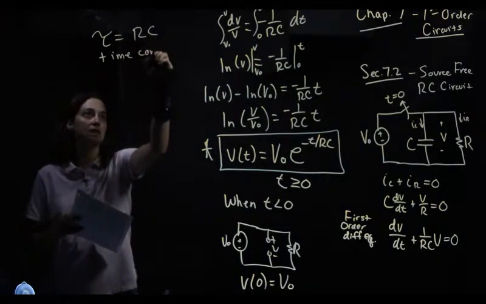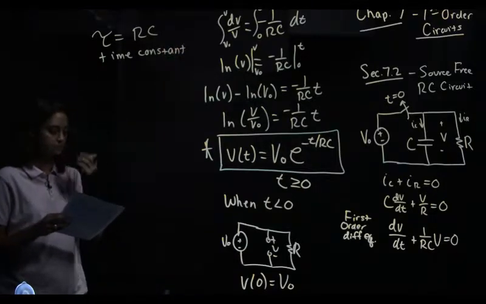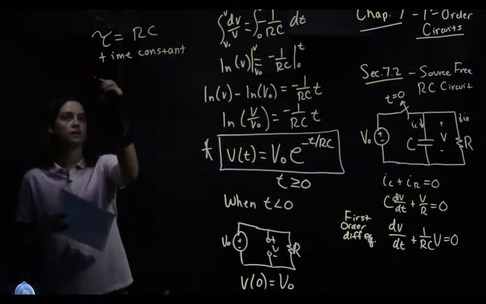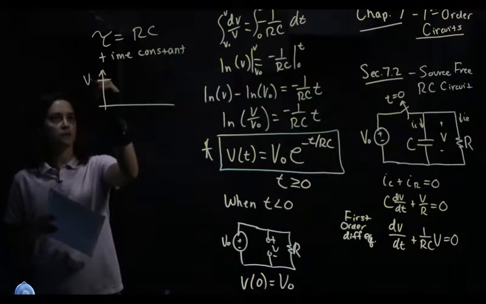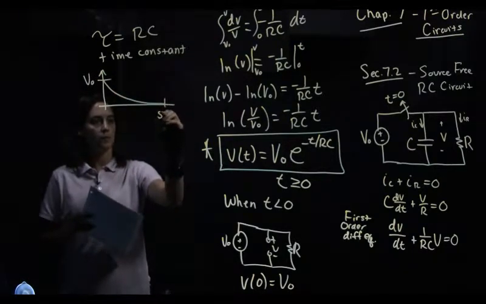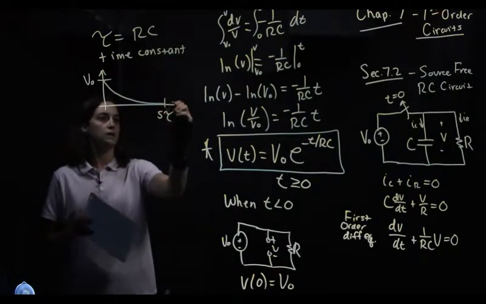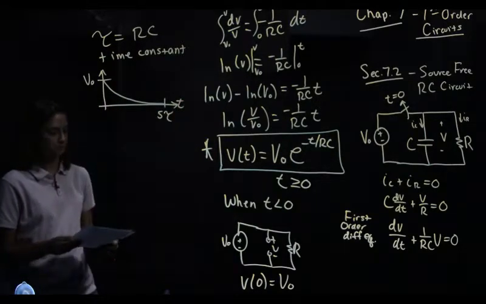Again, you've seen that in physics class if you've had physics. I hope you have. This will decay at about 5 tau, so that's just a rough estimate. But approximately 5 tau is when our capacitor will be discharged.